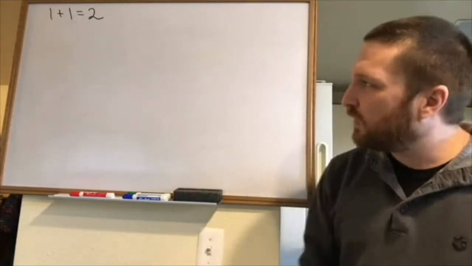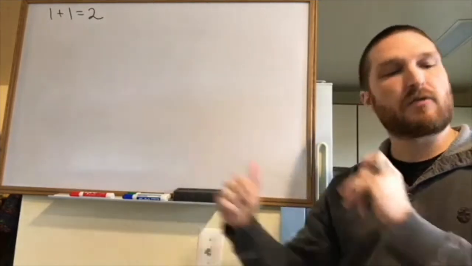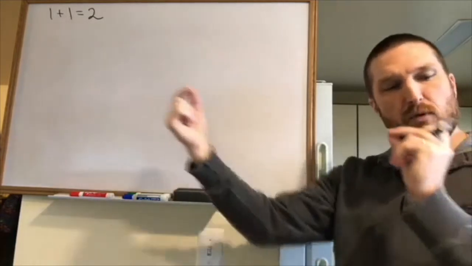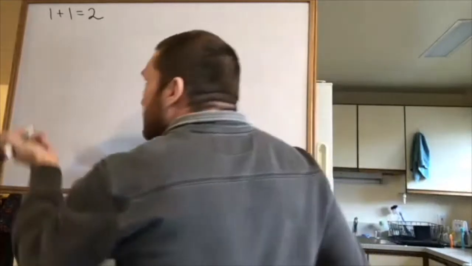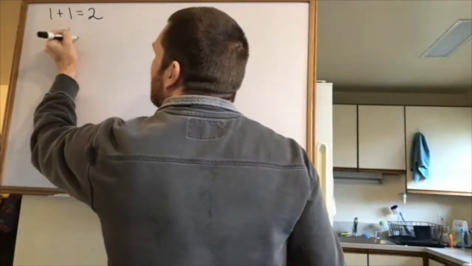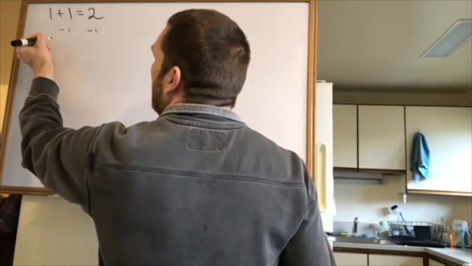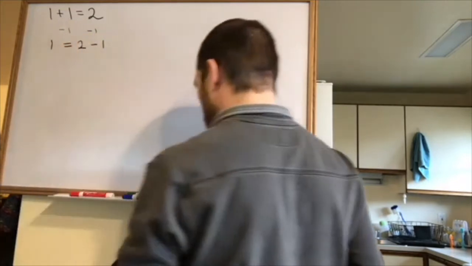Now, one thing we could do with a true equation is we could rearrange it. So if we have addition and subtraction and stuff like that, we could move stuff to either side, right? So explicitly, I could take this 1 and we say -1 from both sides, and we get a new equation, 2 - 1.